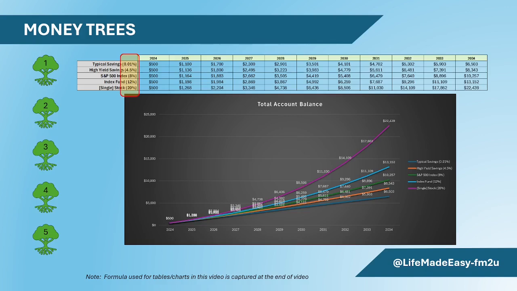The chart indicates this by depicting a fairly straight line. Given the total investment of $6,500 over 10 years and the total account balance being $3 more, it can still be viewed as a money tree, but with very little compounding growth potential.